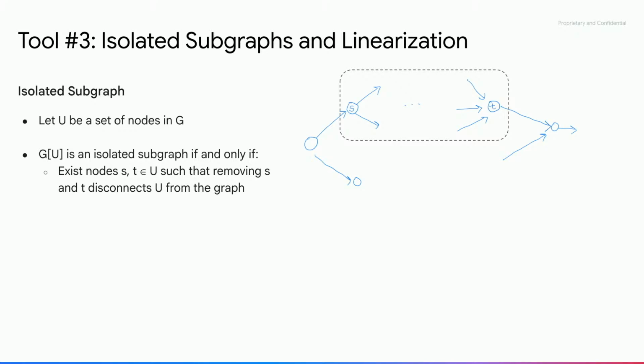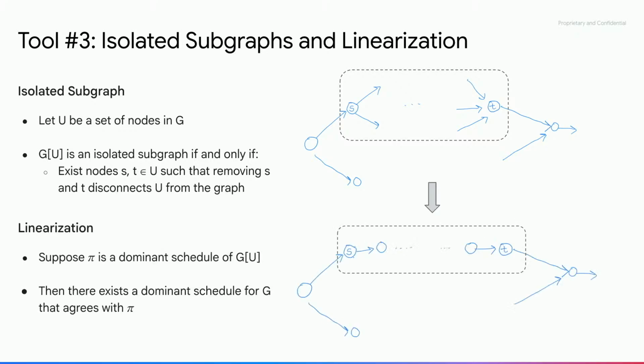What linearization shows is I can replace an entire subgraph by a dominant schedule for that subgraph. So I'll take that subgraph out, solve dominant schedules on that, and plunk it back in the whole graph, and I didn't lose anything. So there always exists a dominant schedule for the whole graph G that agrees with pi. So then I can do this over and over again.